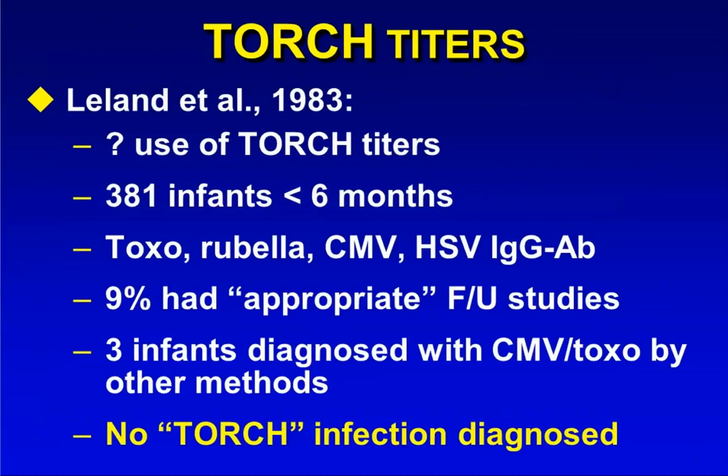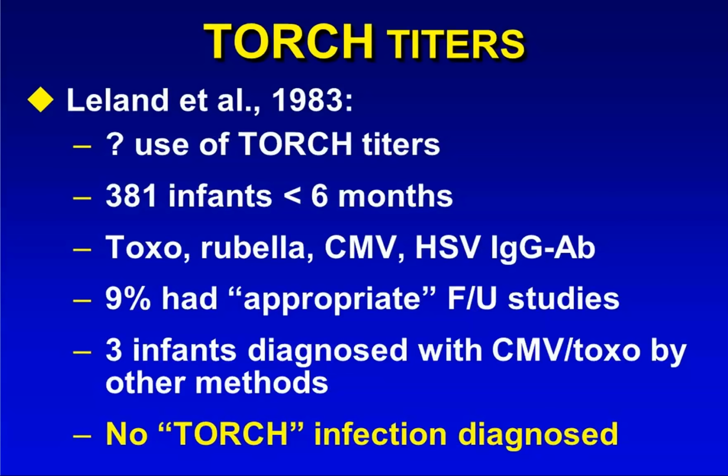So the idea of these TORCH panels was evaluated back in 1983 by Leland. She studied 381 infants less than 6 months of age and performed the recommended toxoplasma, rubella, CMV, and herpes IgG antibodies. Only 9% had appropriate follow-up studies.